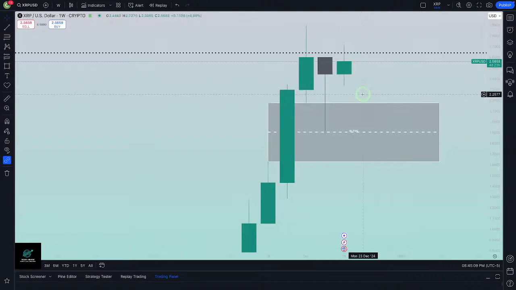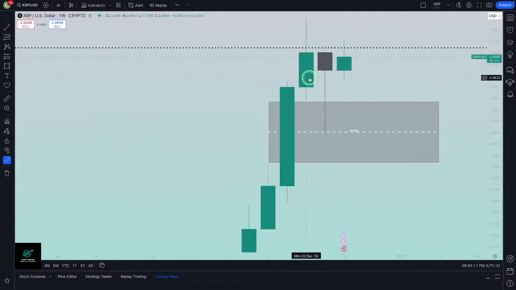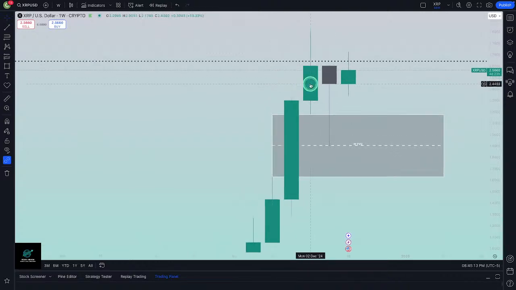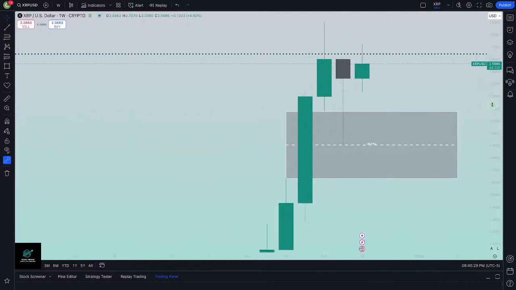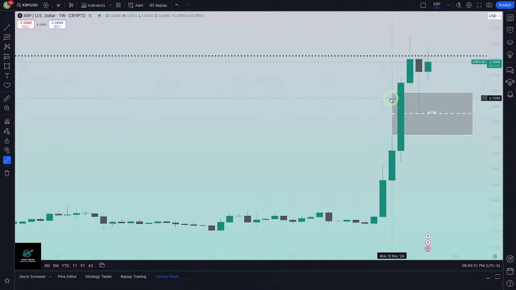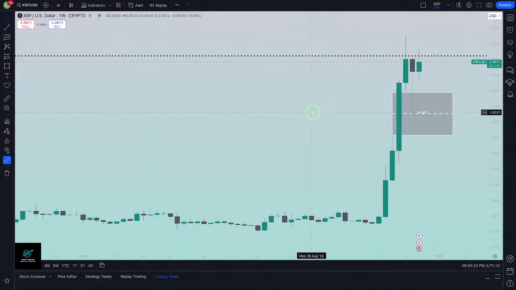So there's 5 weeks this month because December started in the middle of the week at the end of November, like a Wednesday, Thursday, whatever. So it's really 5 weeks, but it's really 4. We all know there's 4 weeks in a month. Inside of this weekly candle, we have 4 days left. As you're looking at a weekly time frame, this chart is moving very slow. It's still a long-term time frame.